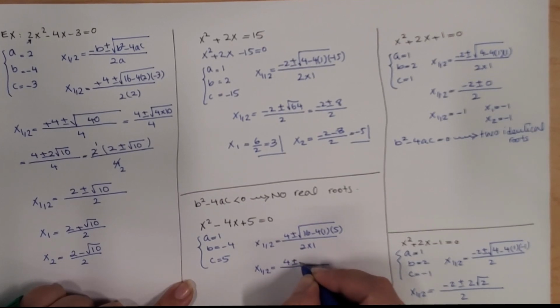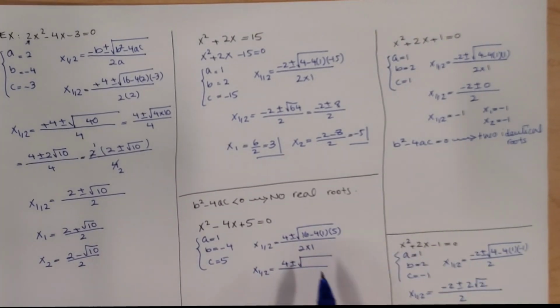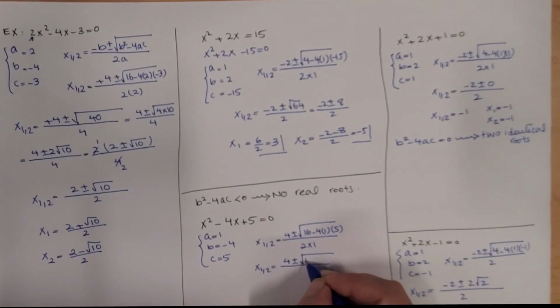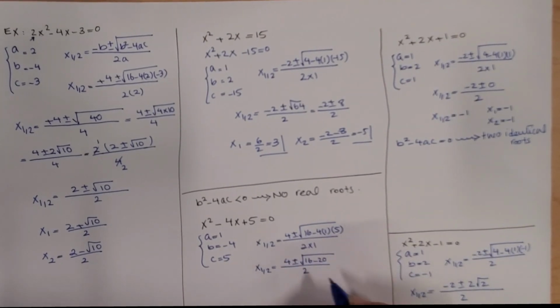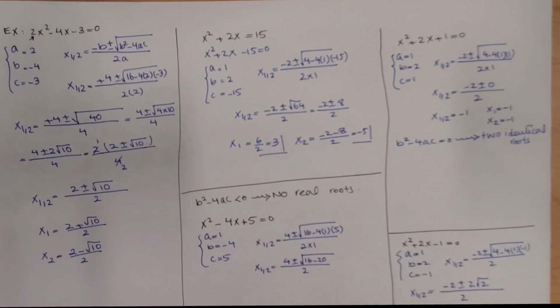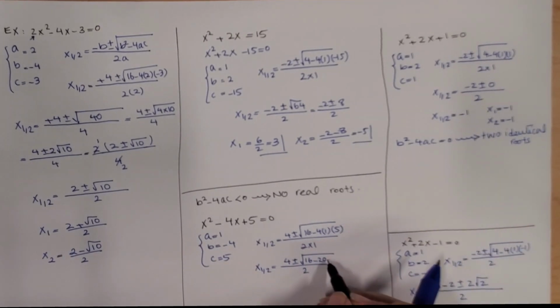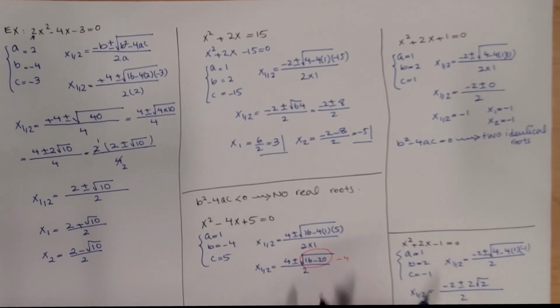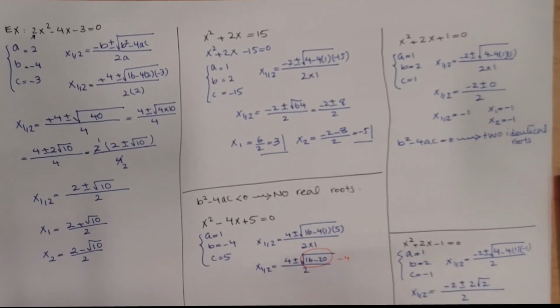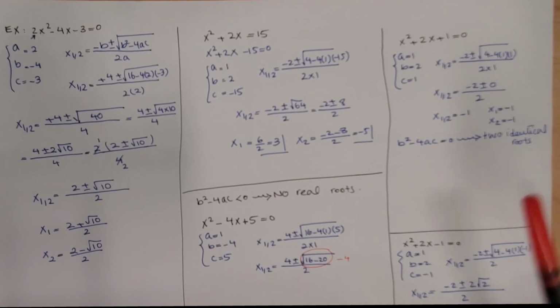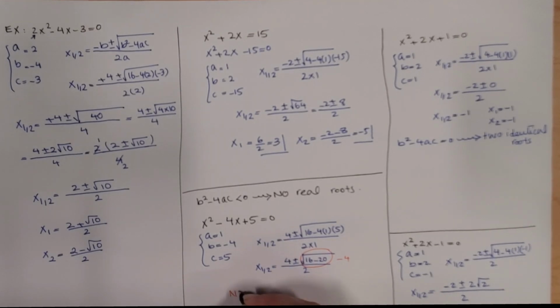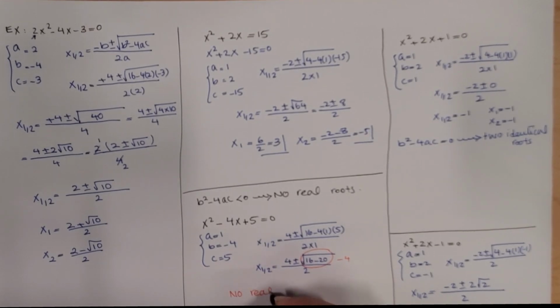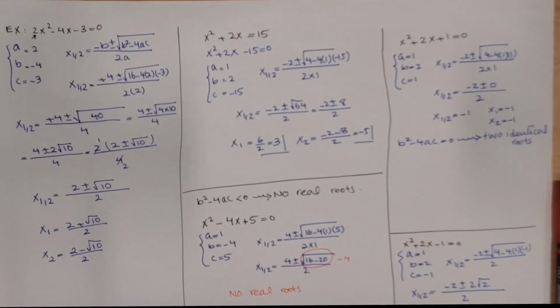Under the radical, it's 16 minus 20. So you can see now under the radical, it's -4, which is not acceptable. So in that case, we would conclude that there are no real roots and we don't continue solving the question.